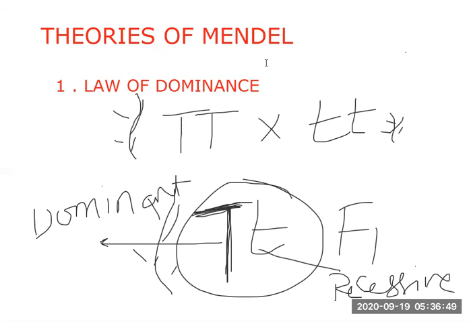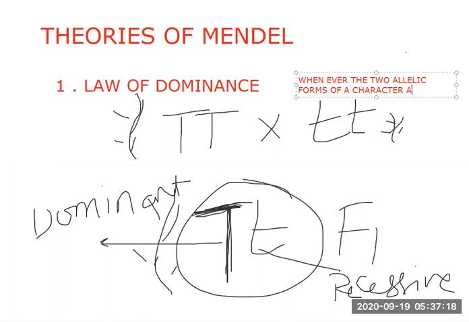Whenever the two pure allelic forms of a character are crossed with each other, we get only one form for expression.